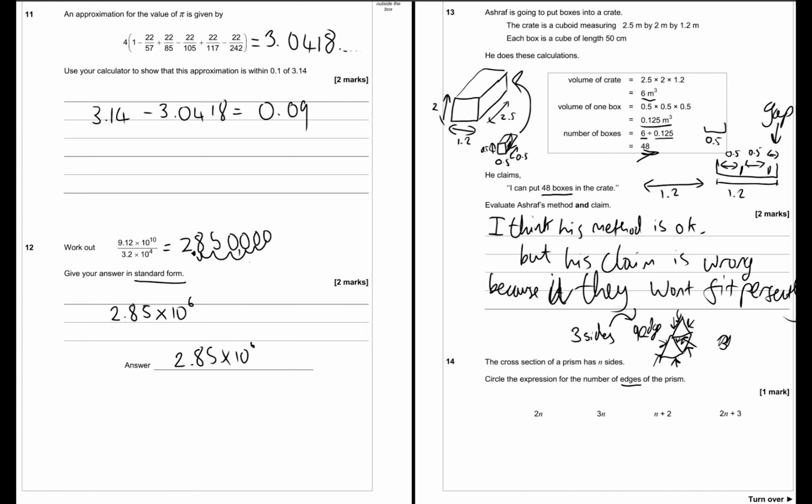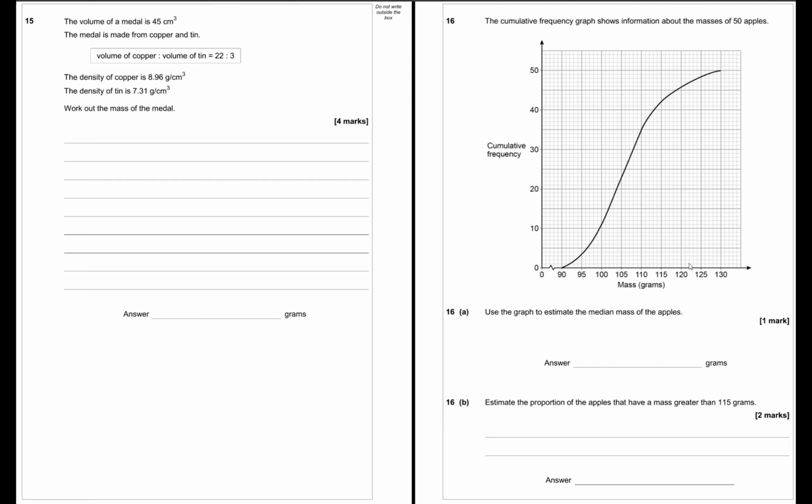We're going to multiply by 3, aren't we? So to get from 3 sides to 9 edges, we times by 3. So the expression is going to be 3n. Okay, this is a bit tricky when you have to draw it out, so just try to visualize the prism in your head. Okay, question 15. The volume of a medal is 45 centimeters cubed.